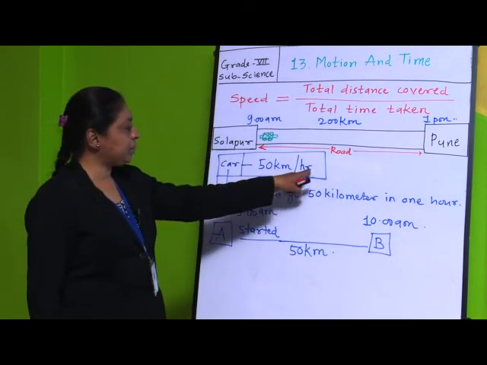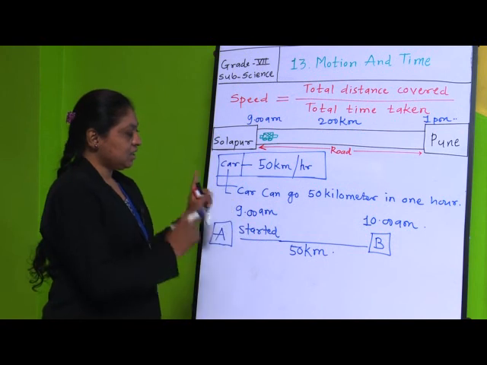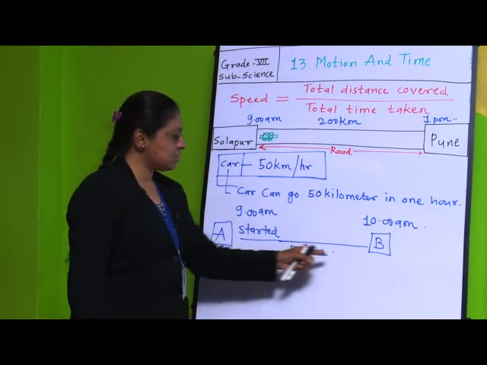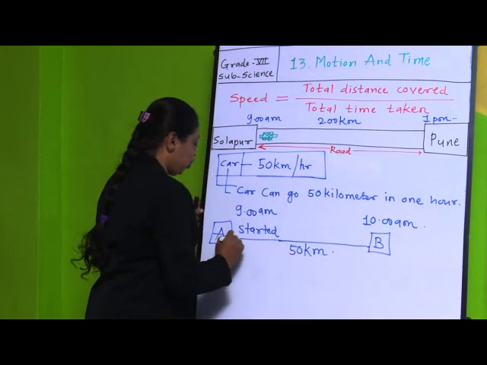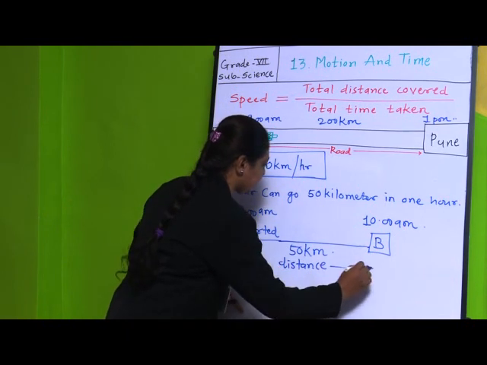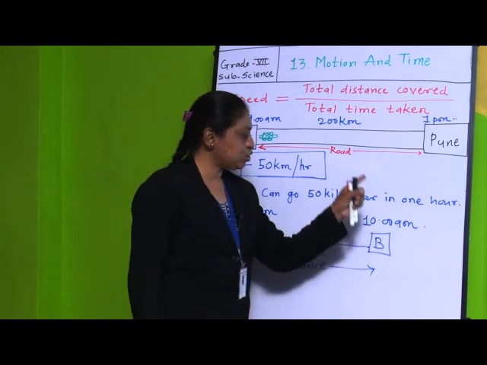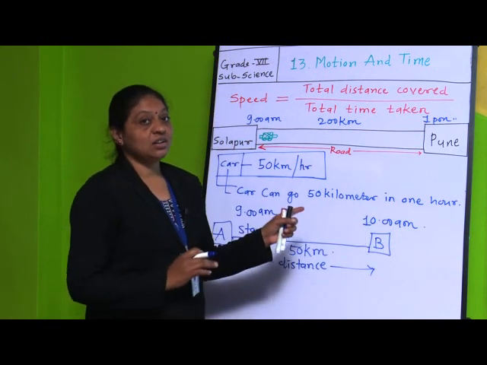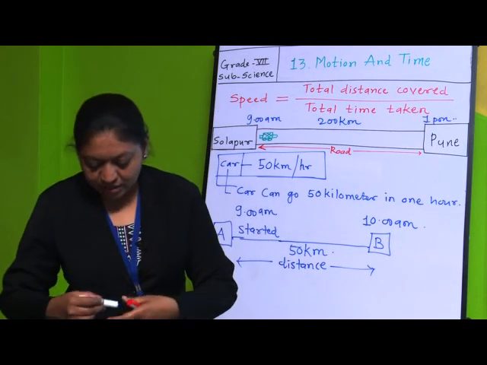If it is given 50 kilometers per hour, and it starts from A at 9 am, then that car has to reach B at 10 am, covering a distance of 50 kilometers in 1 hour. So this is the decided speed of this car, and that is why it is given here.